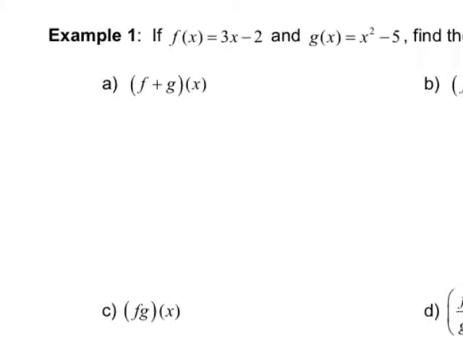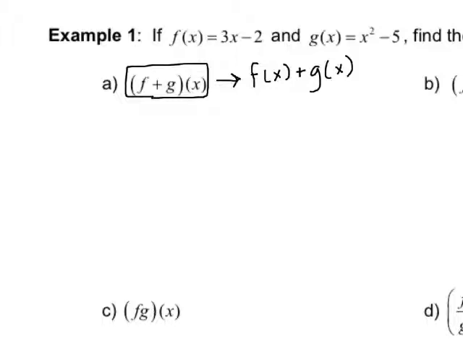Just as a way to write it, this is one option. I really don't like this way of writing it. I would prefer to write f of x plus g of x. I think it's a little bit more clear as to what you're going to do. This just says take your f of x function and add your g of x function.